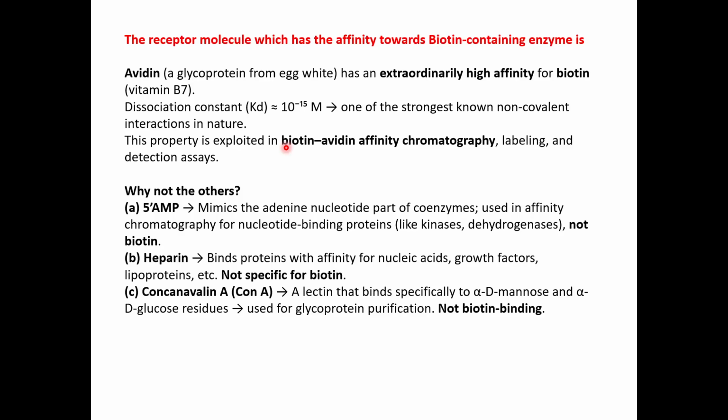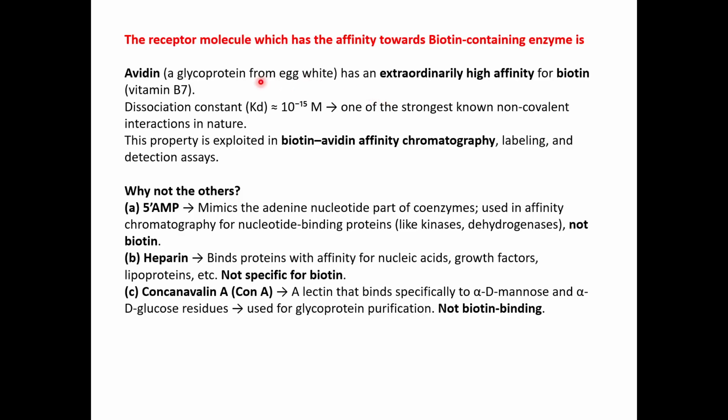Next is the receptor molecule which has the affinity towards the biotin containing enzyme. So this is avidin. So biotin and avidin are one of the binding pairs. Avidin is a glycoprotein from egg white, and it has extraordinarily high affinity for biotin, which is vitamin B7.